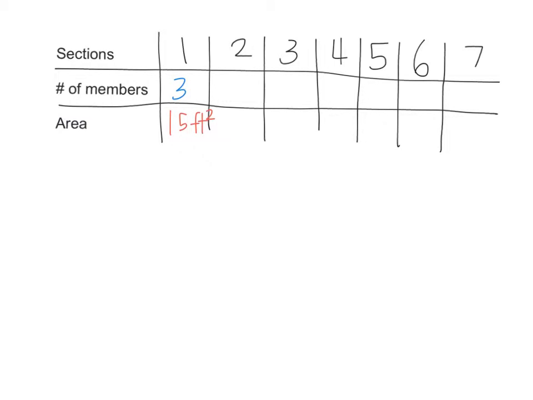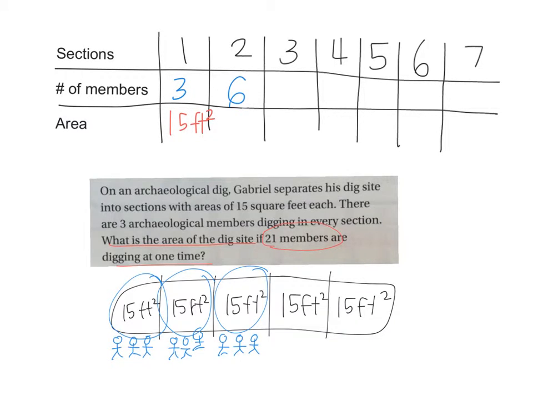Jason? If I have 2 sections, I'd have 6 members digging. And what would be the total area? Let's look back. Looking at the picture now, if I have 2 sections total, what would be my total area of my dig site? Rashika? Yeah, 30 square feet.